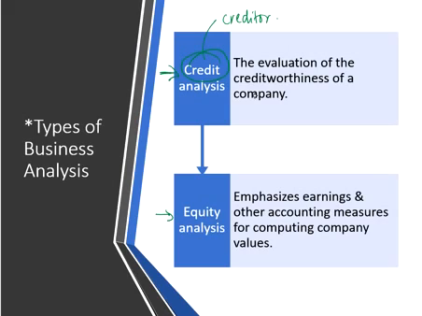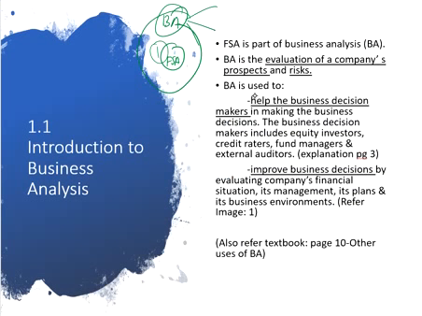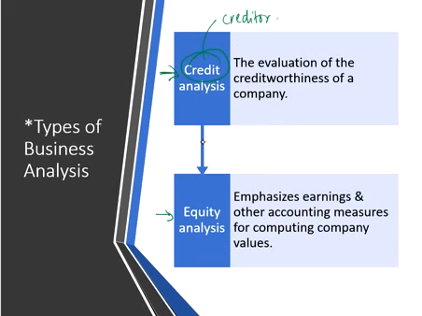Okay, so basically orang akan buat credit analysis ni. Siapa yang akan buat? You tengok balik semula. Inilah credit raters ni. Itulah yang akan menggunakan credit analysis ni. Dia nak tengok kita boleh tak bayar hutang dia.